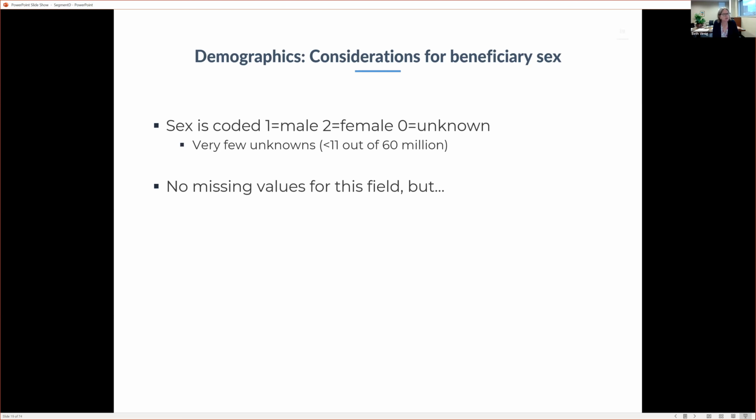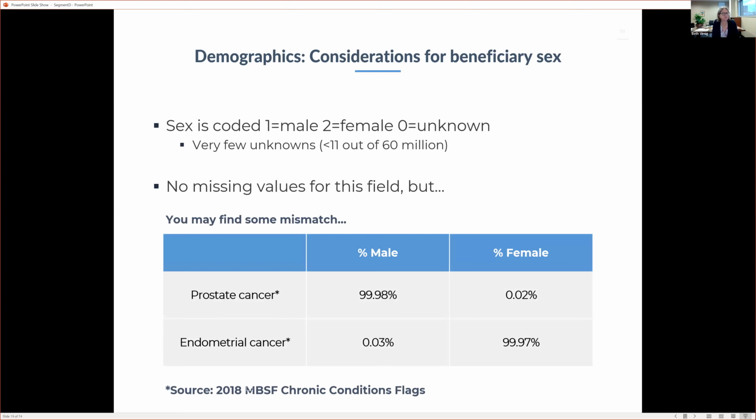So there are no missing values for the field, but we do still have to ask our next question, which is, is the variable accurate? So you might hear stories like this. Well, you see things that are impossible. You see men with endometrial cancer and you see women with prostate cancer. And the answer is you'll see minuscule mismatch.